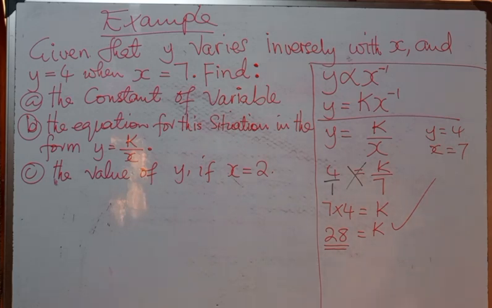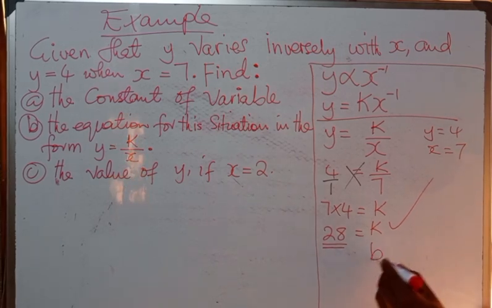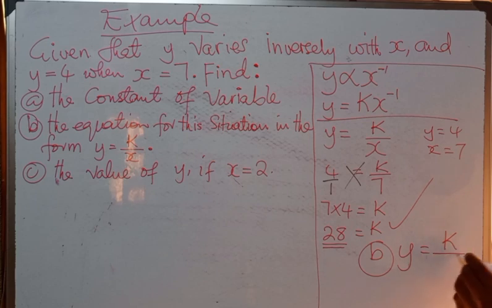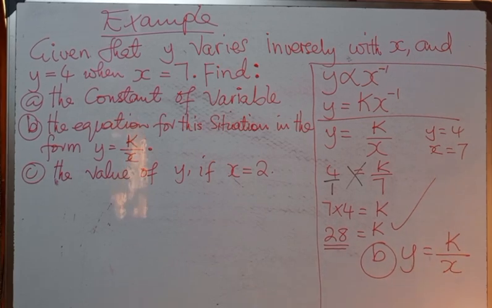Let us go to question number B. Remember, keep the k in mind. Question number B, we are told to find the equation. Remember, our expression or our variation is like this.